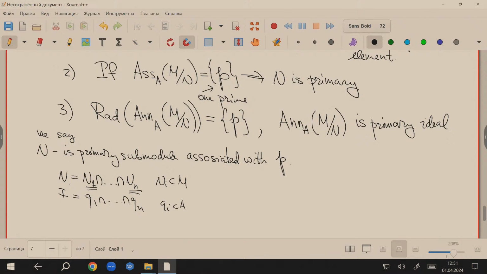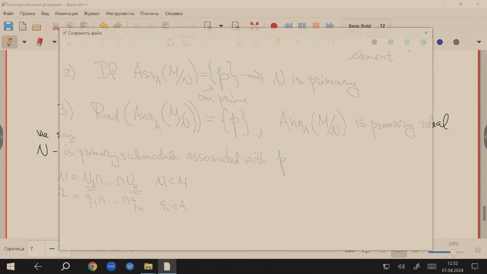Next time it will be clear why we're speaking about properties of primary submodules, because we can say something about that intersection. Okay, so thank you.